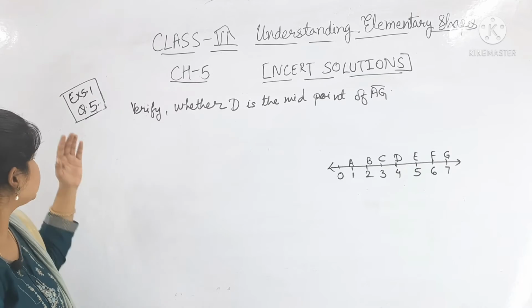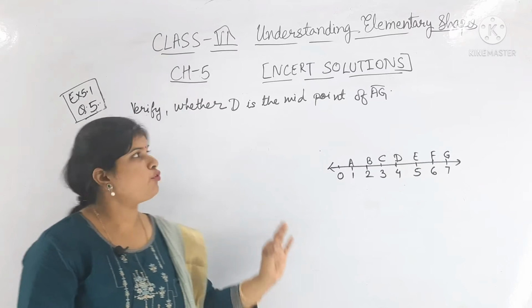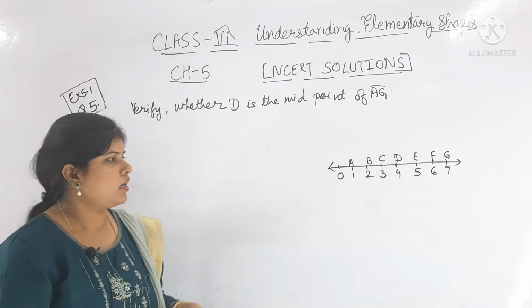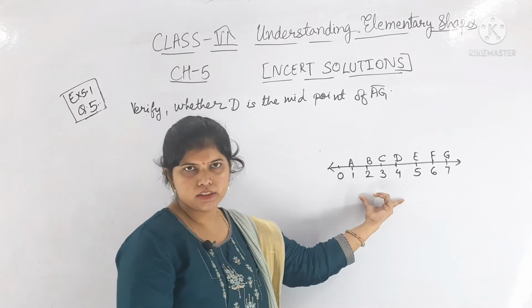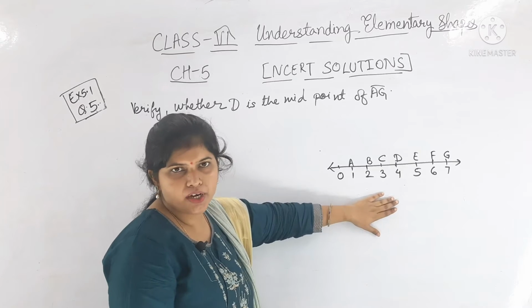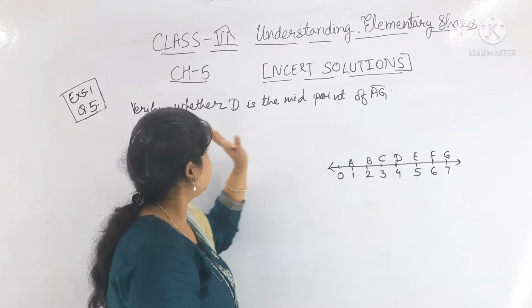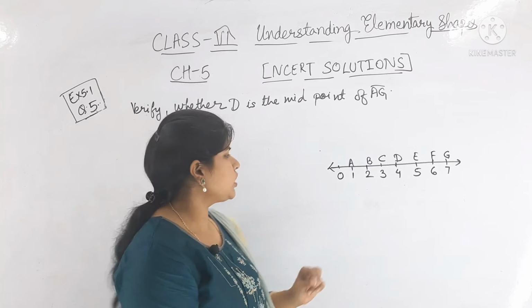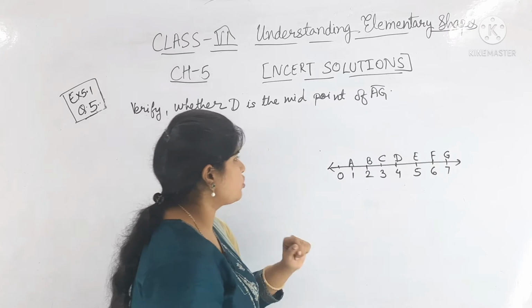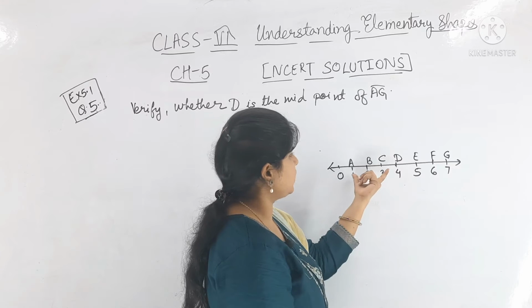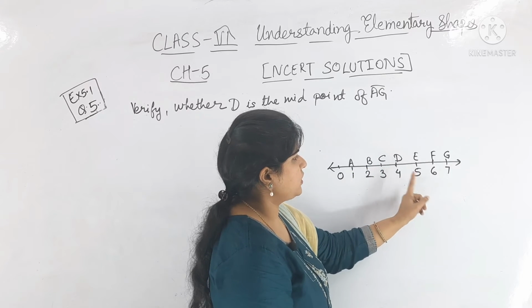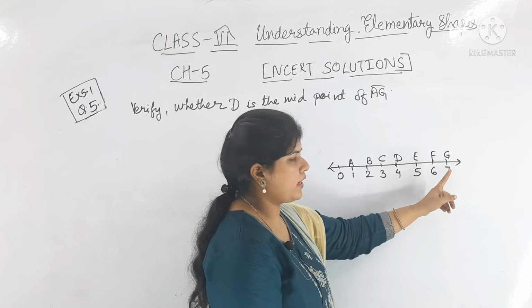Okay students, let's see question number 5. You have to verify whether D is the midpoint of AG or not. AG is one line; you have to see the figure and tell whether D is the midpoint of line AG or not. Here you can see AD is 1, 2, 3 units, and DG is also 1, 2, 3 units.